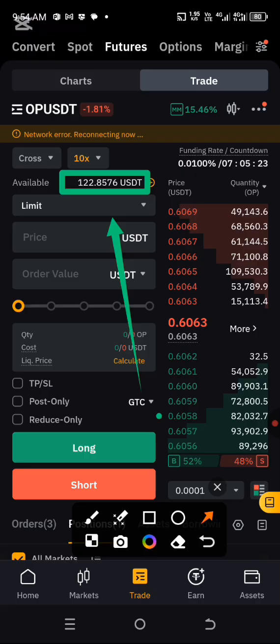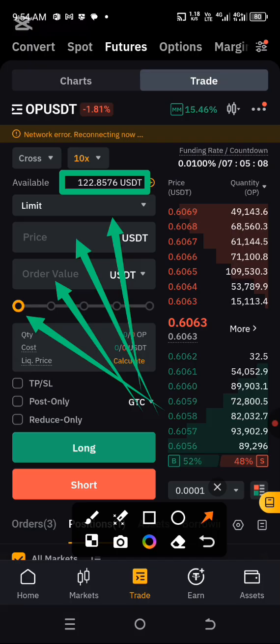Here you can input the price at which you want to buy the coin. Then here you can input the value of the coin you want to buy. Then these buttons here are for you to input the amount of the token you want to buy. You can drag it by percentage.